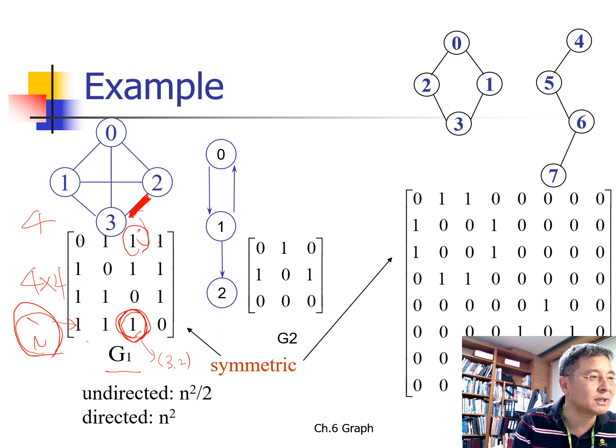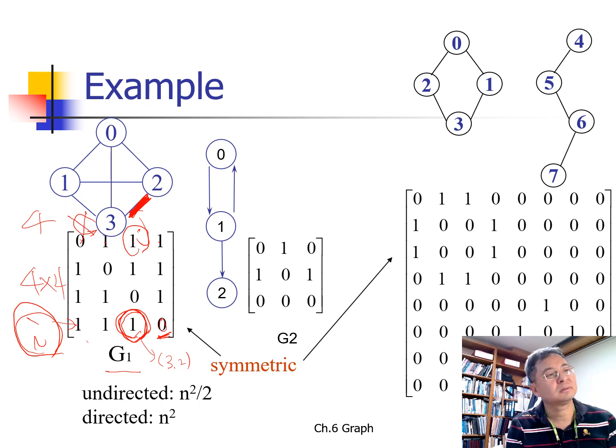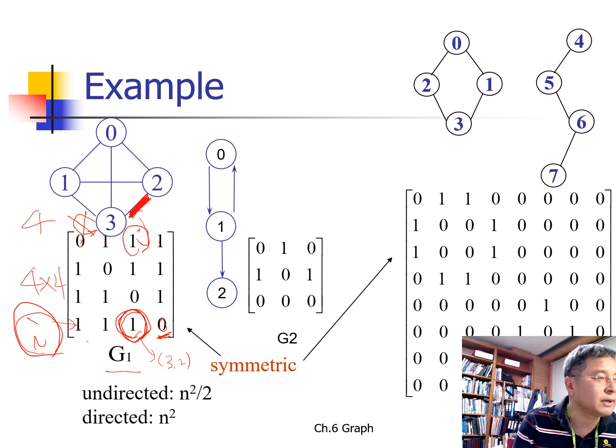How about this one? It is 0, so there is no self-referring edge. This does not exist here, so this becomes 0. You can see that this graph G1 is a complete graph, which means every pair of vertices is connected by a direct edge.